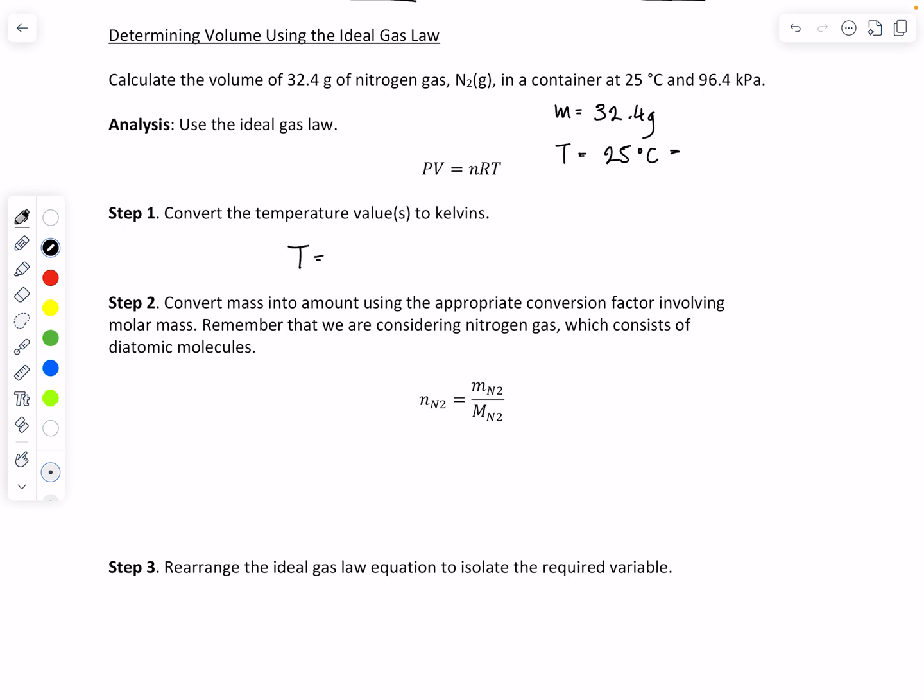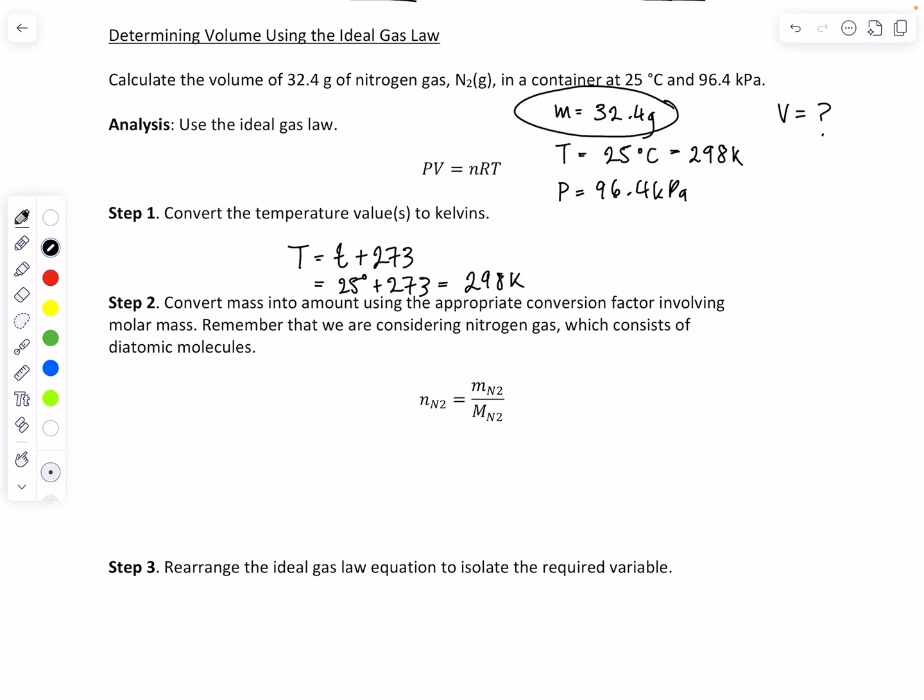Let's calculate that into absolute temperature. 25 plus 273 is 298 Kelvin. We know the pressure is 96.4 kilopascals. We need to find the volume.